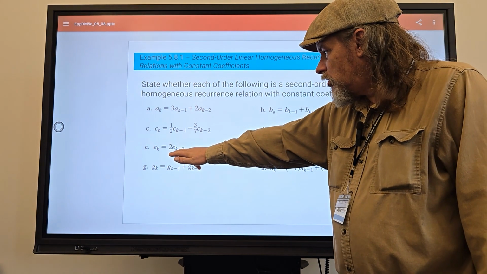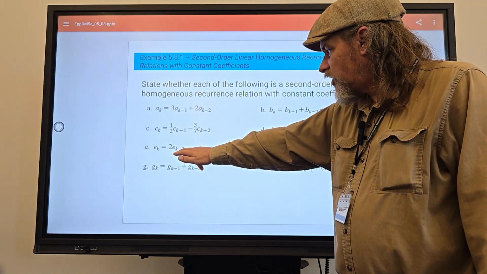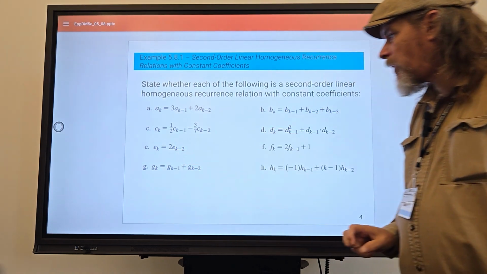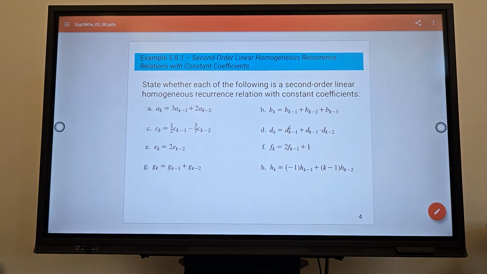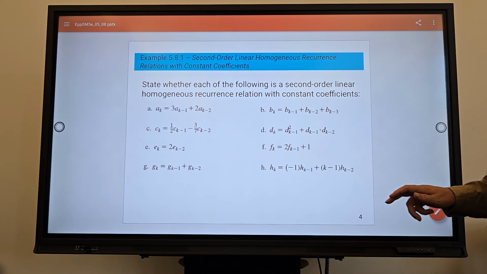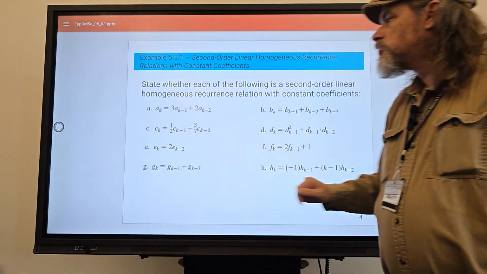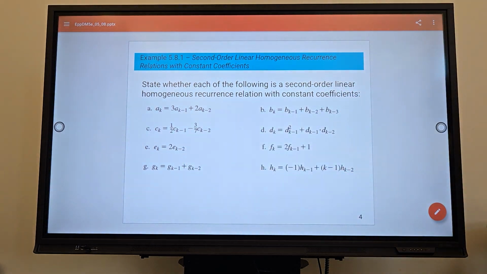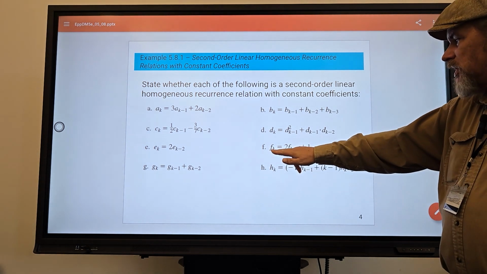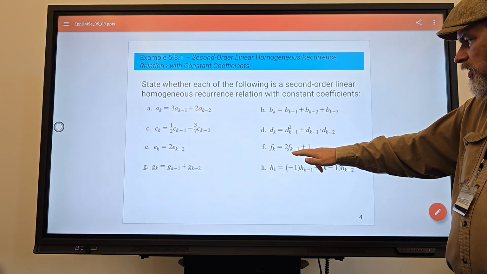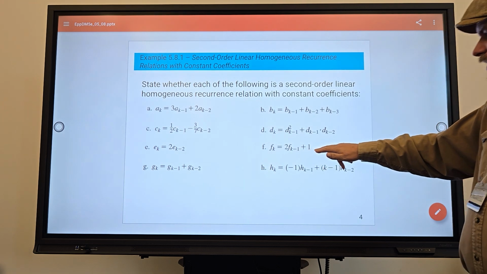E sub k equals 2 times e sub k minus 2. That is a second order linear homogeneous recurrence relation where A equals 0. A is allowed to be equal to 0, so that would be allowed. F sub k equals 2 f sub k minus 1 plus 1.